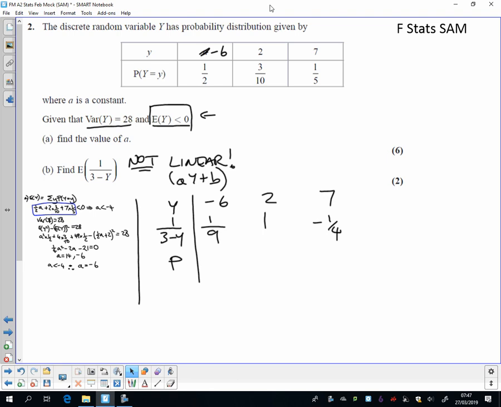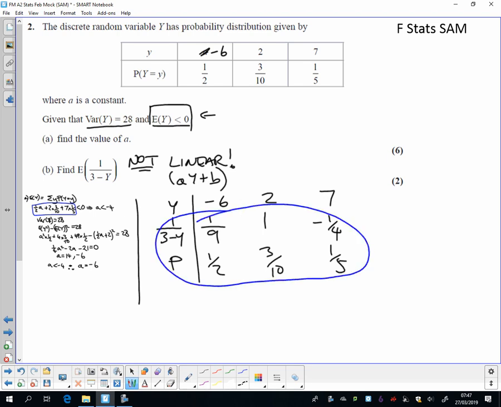Now the probabilities don't change. You never change the probabilities. They've got to always add up to 1. And now I just work out the mean using these two rows.